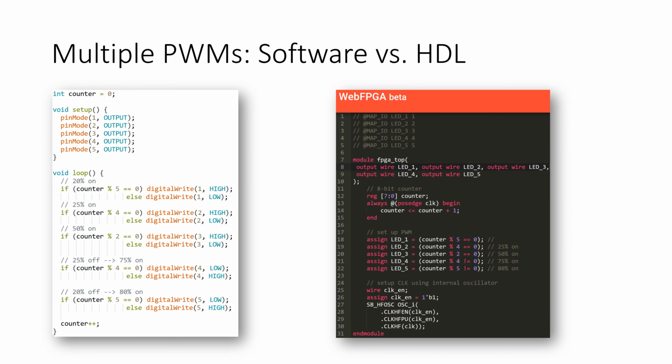When it comes to implementing multiple PWMs in software, the technique is pretty much the same. We have our main loop with our counter, and as our loop goes through each statement one by one, we have if statements right here that determine when to pull our pin high or low, which creates the PWM ratio that we want. Now, the important thing to note here is that each PWM signal is created one by one.